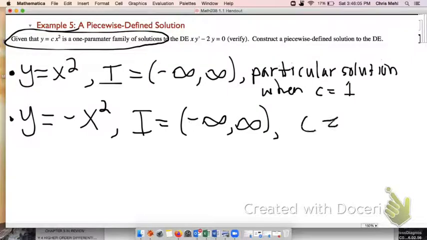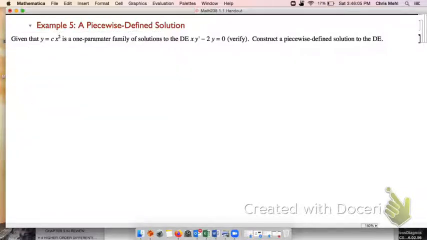I'm not going to write it down because I'm lazy here, but another particular solution would be y equals minus x squared. Again, an interval of solution would be all real numbers. And that's the particular solution I obtain when c equals -1. Now, if I look at both those integral curves, right, those solutions were called integrals, you have two different integral curves.